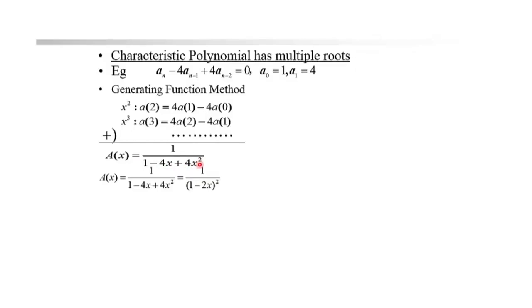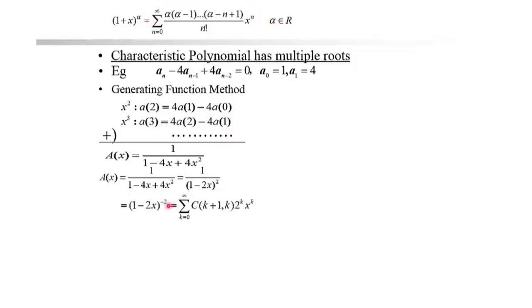Here, we use the same method to try to convert it to a sum of multiple fractions. 1 minus 4x plus 4x squared is exactly equal to 1 minus 2x, squared. And we also know that for the expansion of a polynomial, we have the formula for 1 plus x to the alpha's power, in which alpha could be any real number, even a negative number like minus 2 here.